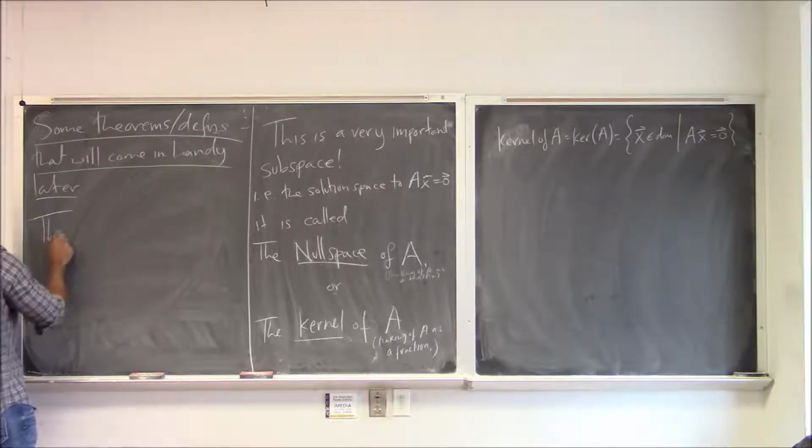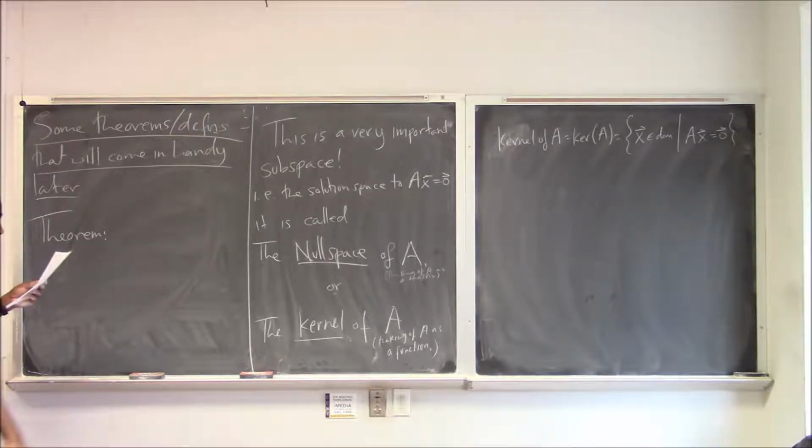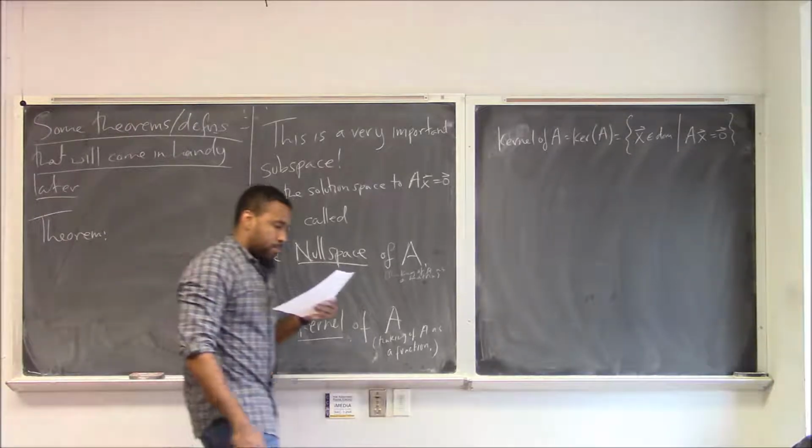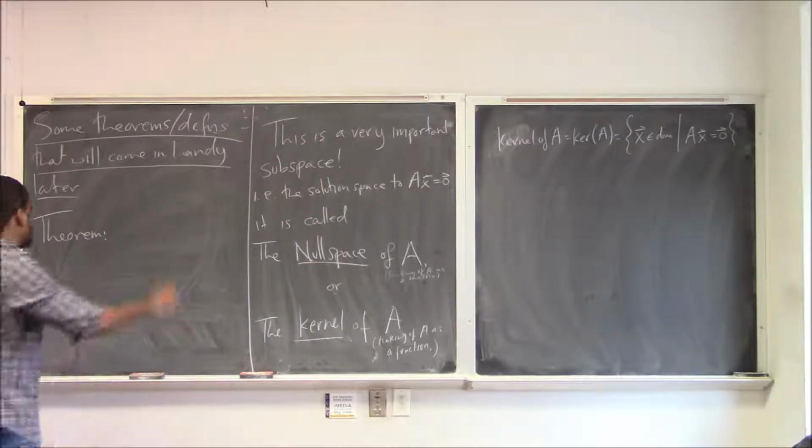Theorem. First one: if we have a finite list of subspaces of a vector space, then their intersection is a subspace.